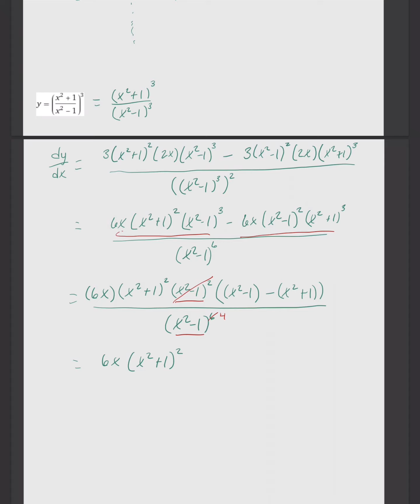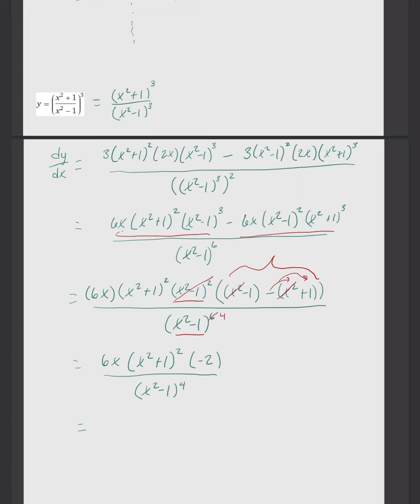And this over here, let's look at this part, we'll have that x squared cancel since the negative is going to be distributed. And we'll have a negative 1 minus 1, so that'll be a negative 2. We can add this negative 2 right here. And that'd all be over x squared minus 1 to the 4th.